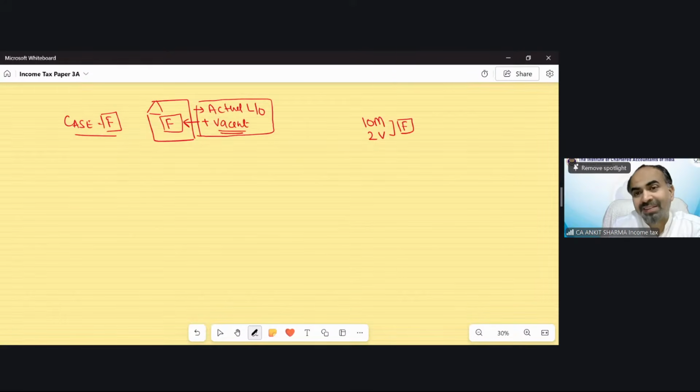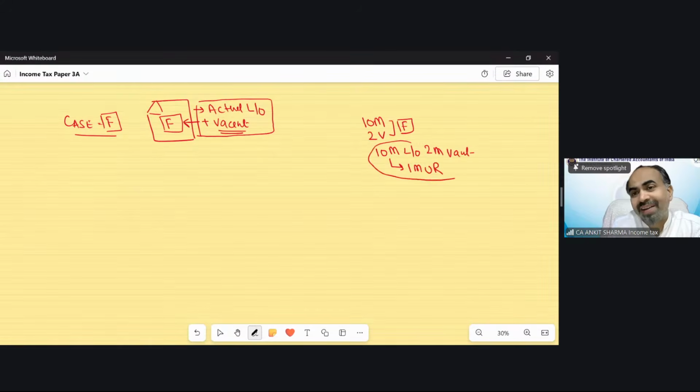Suppose the property is 10 months let out and 2 months vacant. Out of these 10 months, 1 month is unrealized rent also.